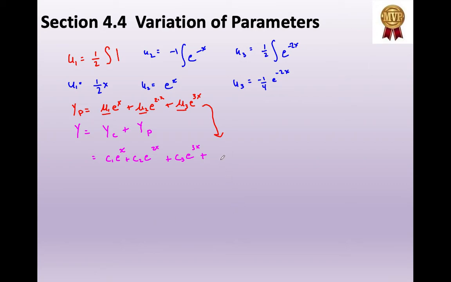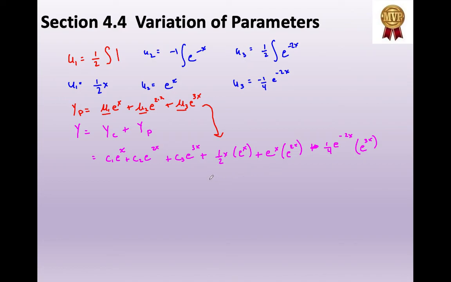So plus u1, which is 1/2 x times e to the x, plus u2, which was e to the x times e to the 2x, plus u3, which was -1/4 e to the negative 2x times e to the 3x.